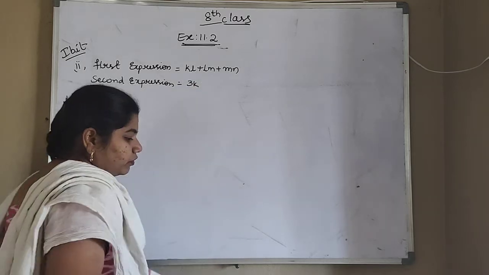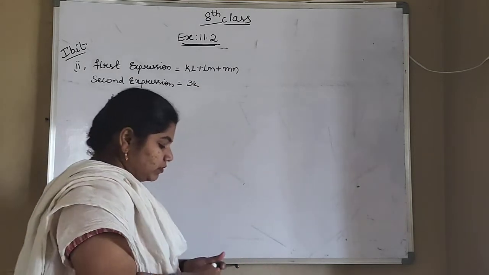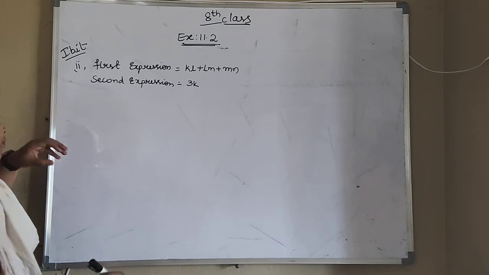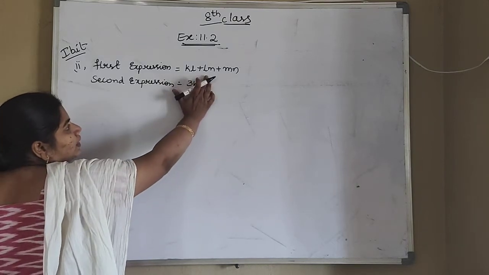So what we have to do? We have to multiply these two terms. So here first one is KL plus LM plus MN.